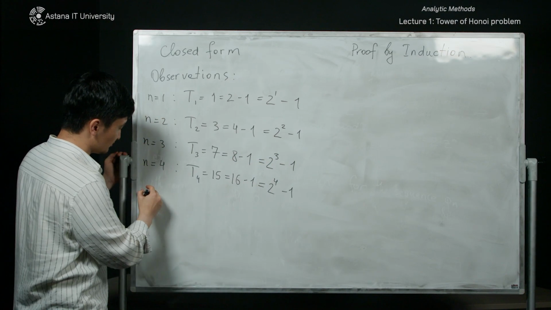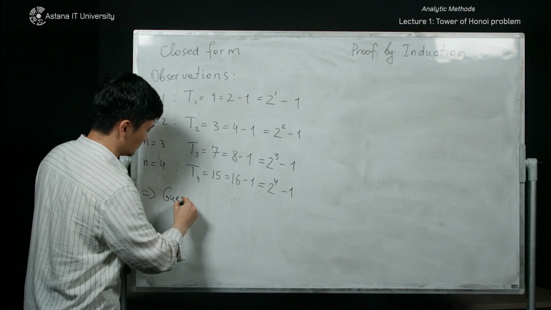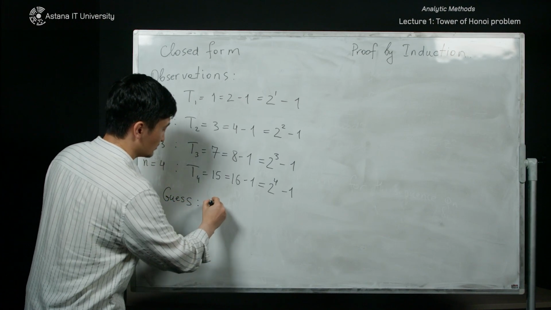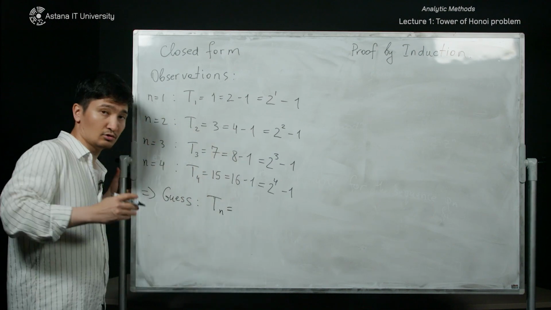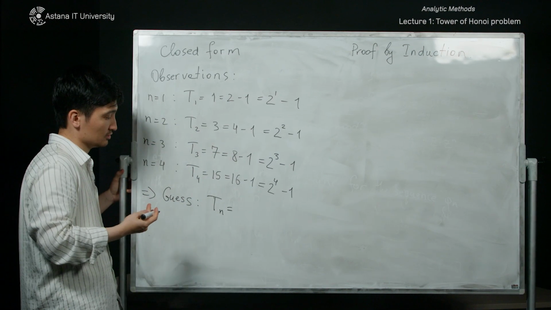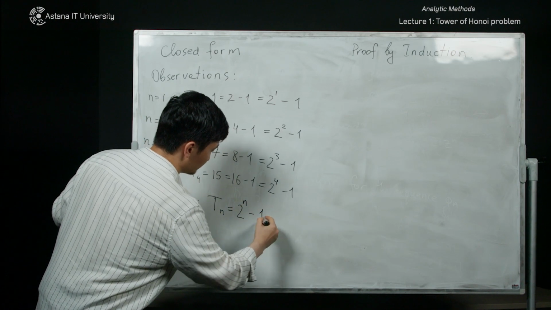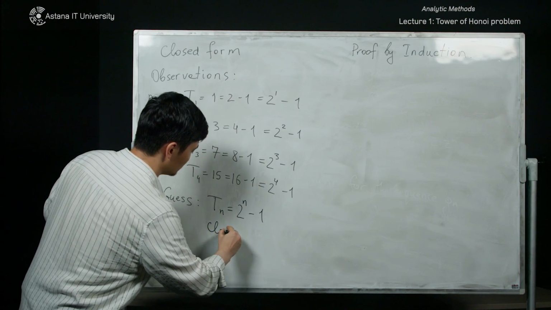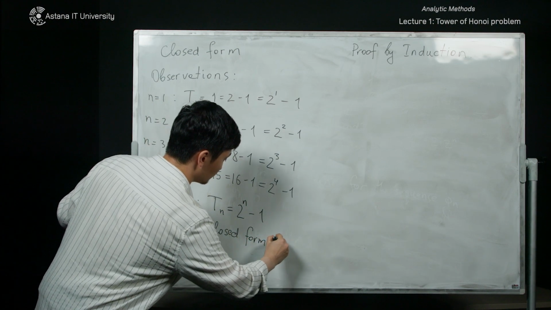So based on this, we're going to guess that the closed form for the Tower of Hanoi function is going to be 2 to the power of n minus 1. Okay, so this is the closed form function.